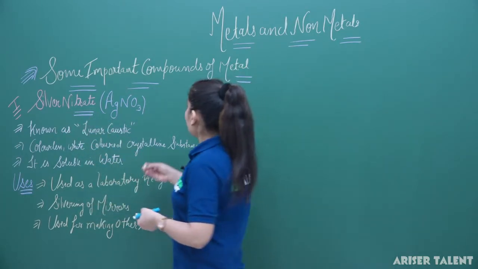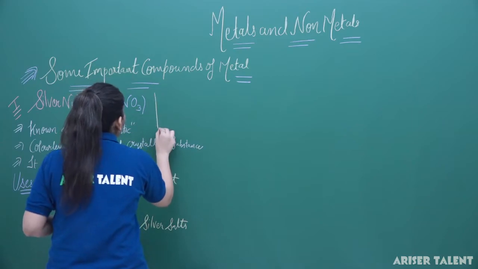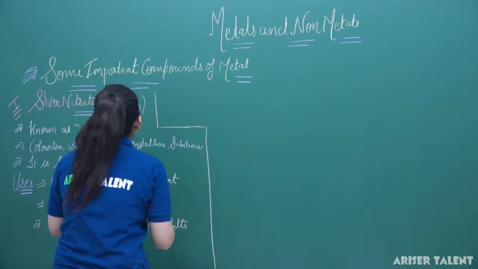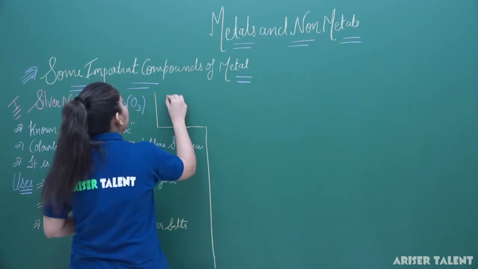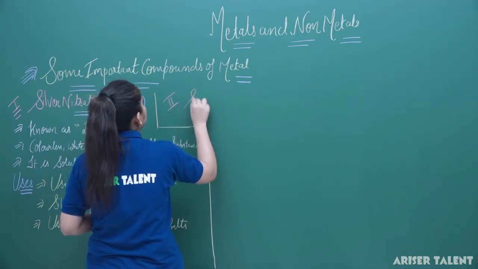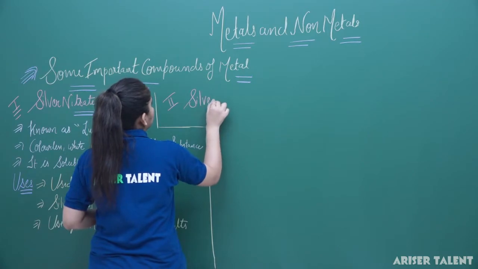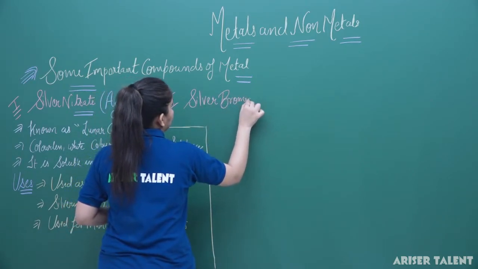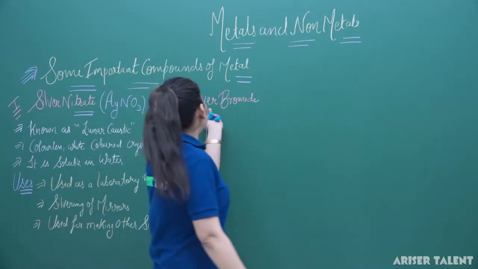Now after silver nitrate, we are moving to our next metallic compound, which is silver bromide.